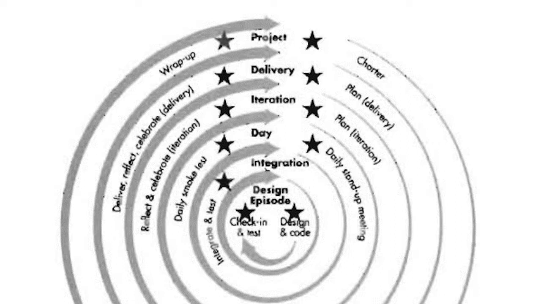And most notable, inside the iteration circle is the design, code, and test process. Far from the original notion of a waterfall design step that may take months or years, we have a design process that goes on from minute to minute, hour to hour, and is probably unique to each developer.